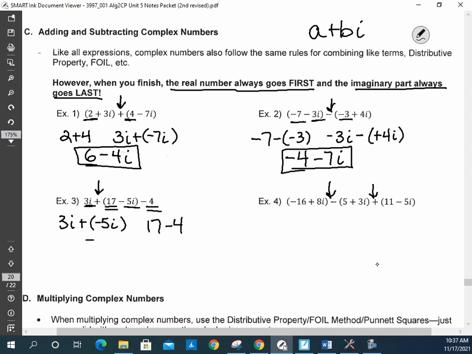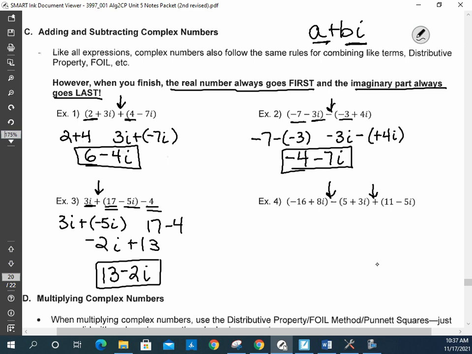So that leaves you with negative 2i plus 13. Now remember, it has to be in standard form. Real comes first, imaginary goes last. So your actual answer is 13 minus 2i. If you leave it out of standard form, it technically is wrong.